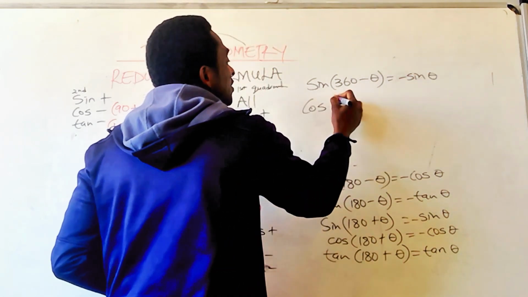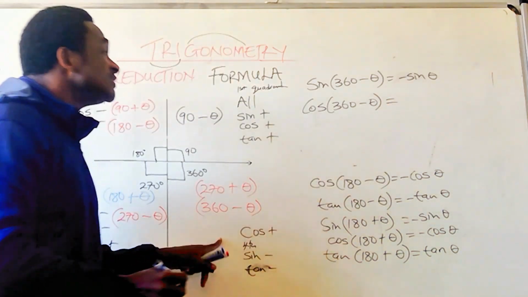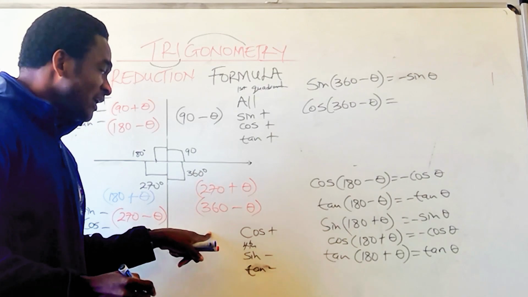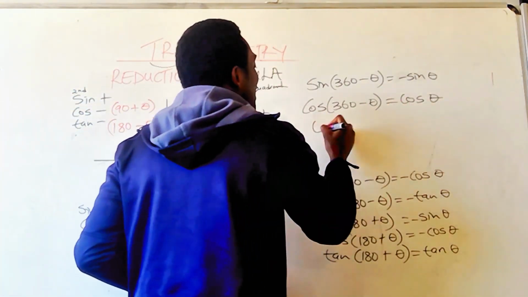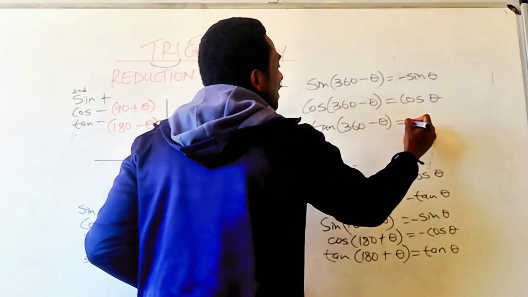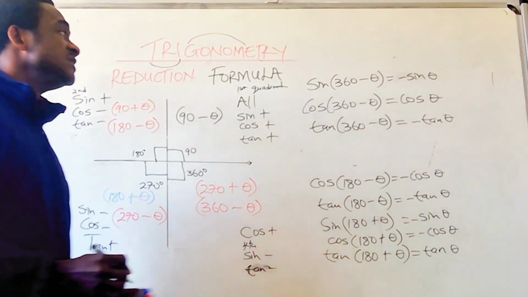Then we have cos of 360 minus theta. In this case, cos is positive in the fourth quadrant, so it will give us a positive cos theta. And lastly, tan of 360 minus theta will give us negative tan theta, because tan is negative on this quadrant.